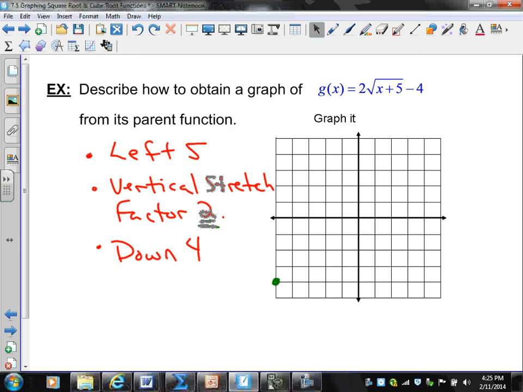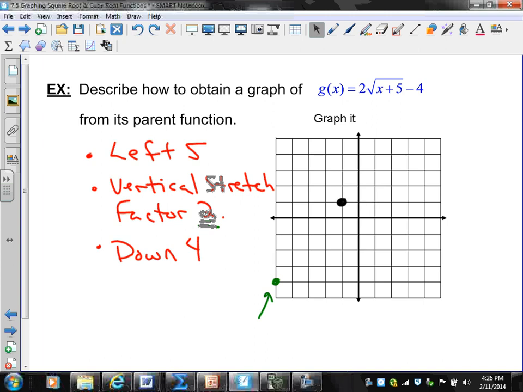Okay, let's follow another point. Let's start with 1, 1. And by the way, I can see this is my starting point for my square root function. I know it's probably going to look something like this. I just want to make sure that point ends up approximately where I thought it was going to go. So let's follow this along here. I'm going to go left 5. So 1, 2, 3, 4, 5.